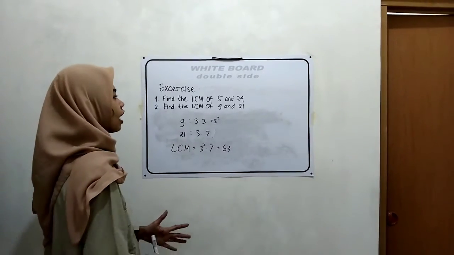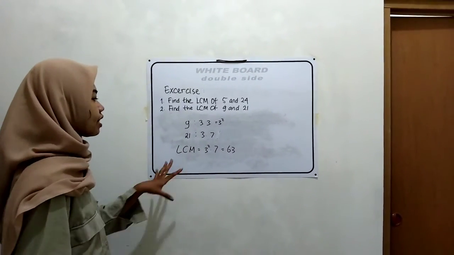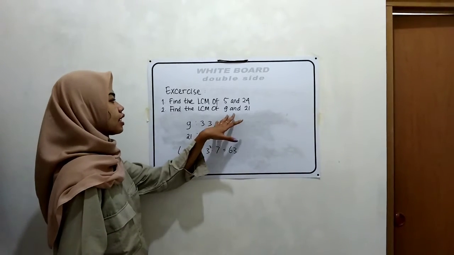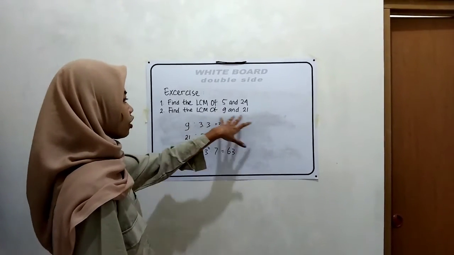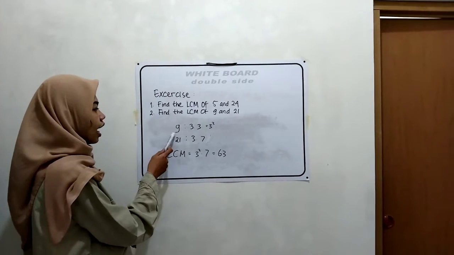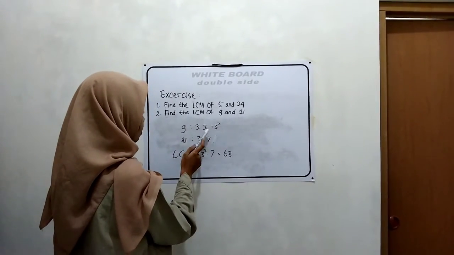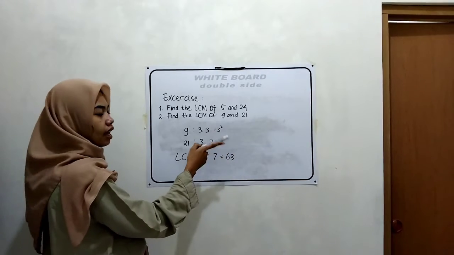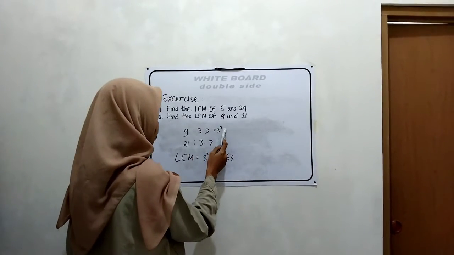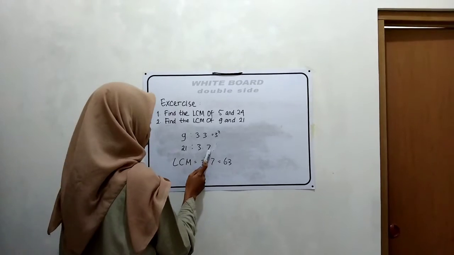Thank you, Nirvania. In this case, Nirvania answered that the LCM of 9 and 21 is 63. 9 is 3 times 3, or simply 3 squared, and 21 is 3 times 7.